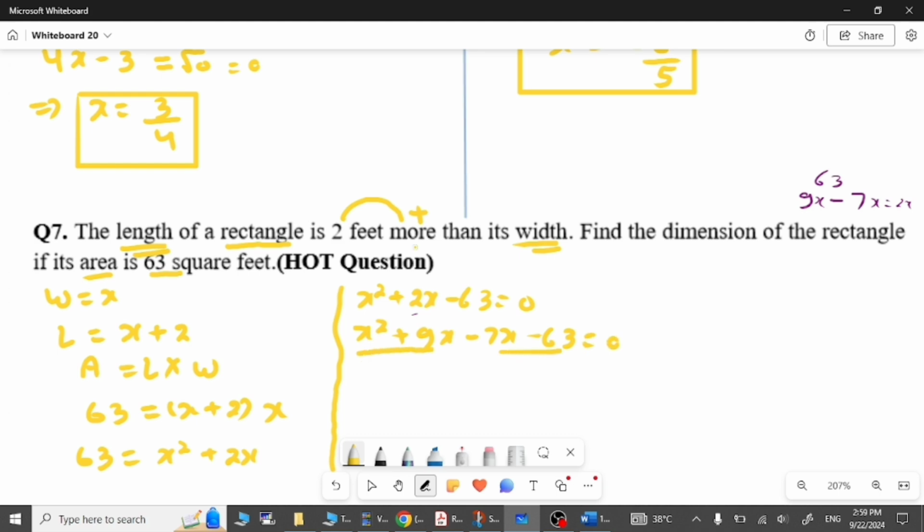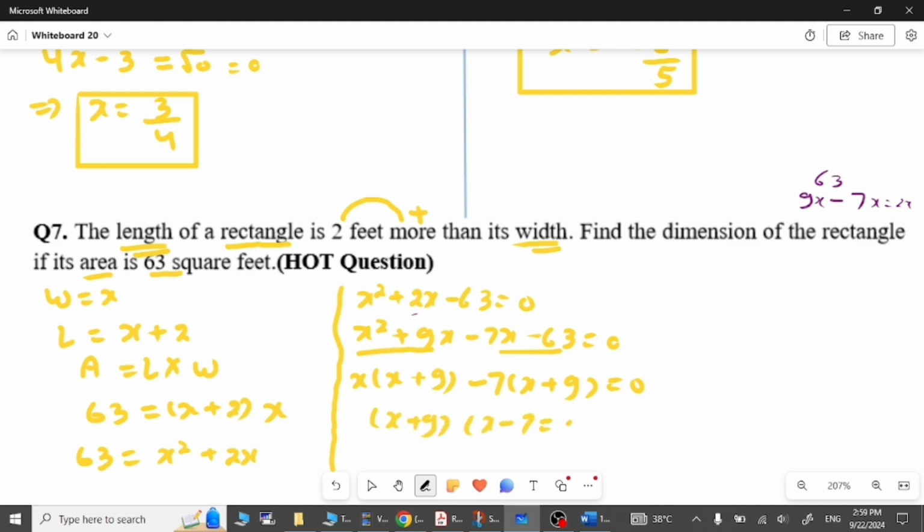Make pairs and take common. So x will be common here. I will be writing x + 9, and whenever minus is in the first place, you will be taking minus also common. So x + 9 is equal to 0. So take common x + 9. What remains? x − 7 = 0.